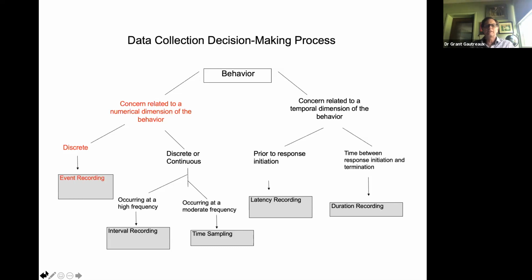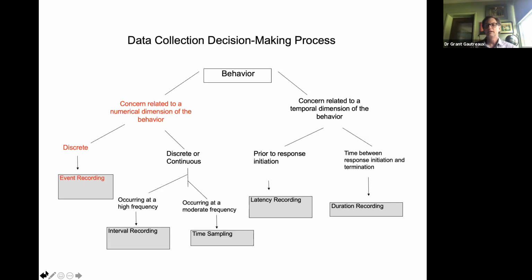So here is one of my favorite flowcharts because I always refer to it whenever I'm in doubt. If we are concerned about the numerical dimension of the behavior and the behavior is discrete, we would use event recording. If the behavior could be continuous, or it's not as discrete, then we would use a type of interval recording, whole or partial, or time sampling.